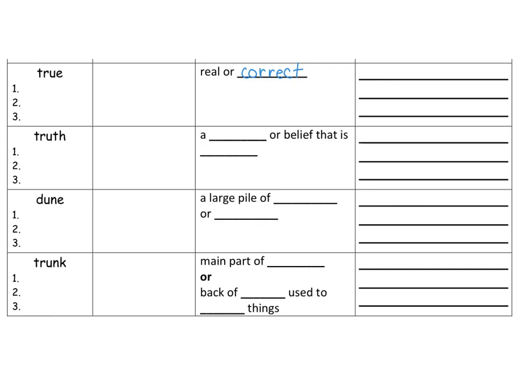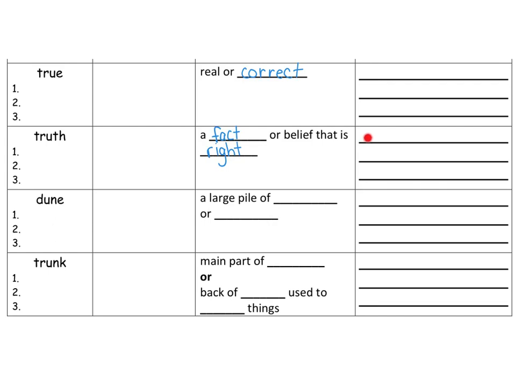Now, the next word is truth. Say it with me, truth. A truth is, read it with me, a fact or belief, so it's either a true statement or something that someone believes is true, that is right.